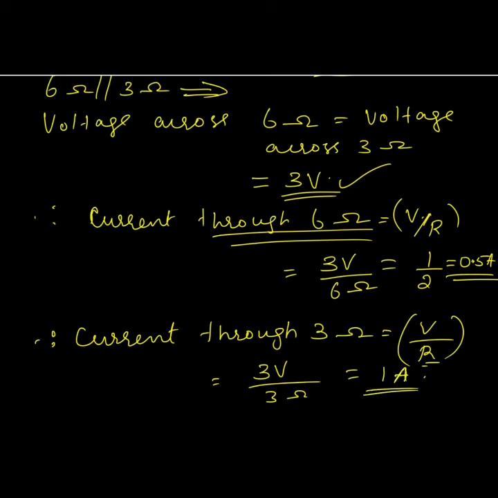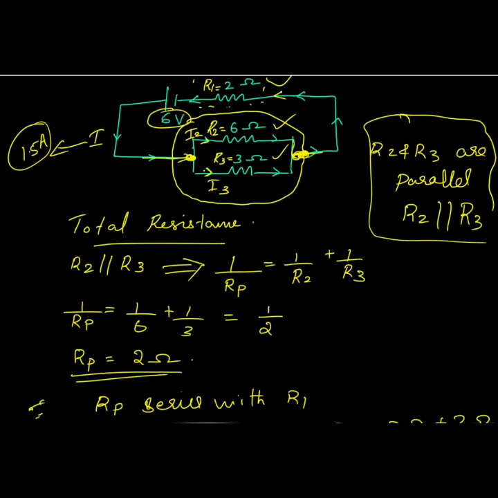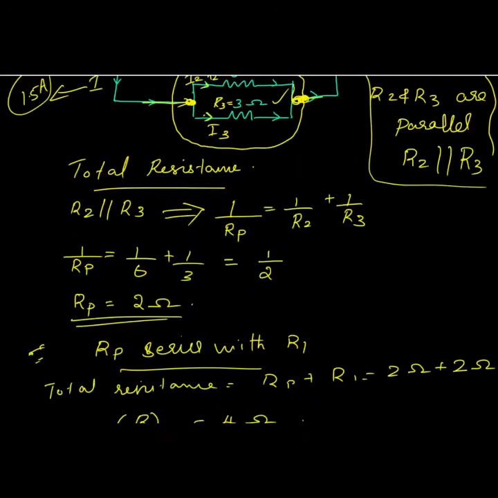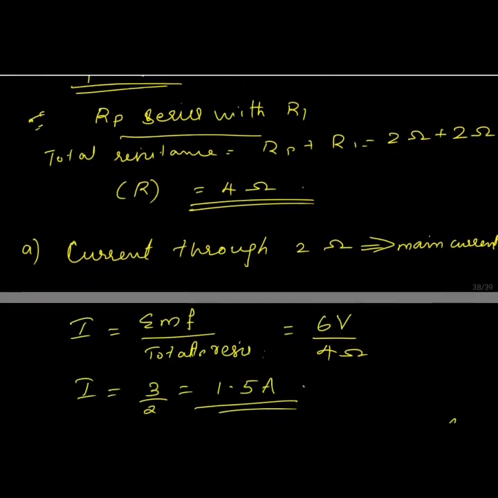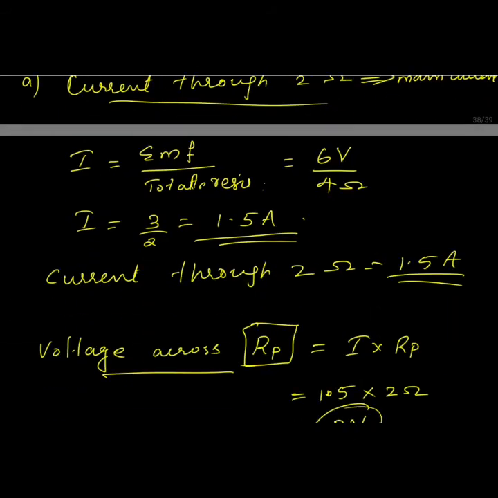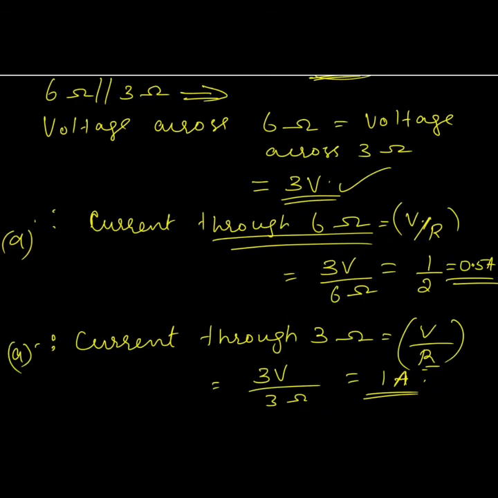Okay, so you got the answer for question number 1. You got the current passing through 2 ohm, that is the main current 1.5, the current through 6 ohm, that is 0.5, and 1 ampere through 3 ohm. So 0.5 plus 1 is actually giving the main current 1.5.